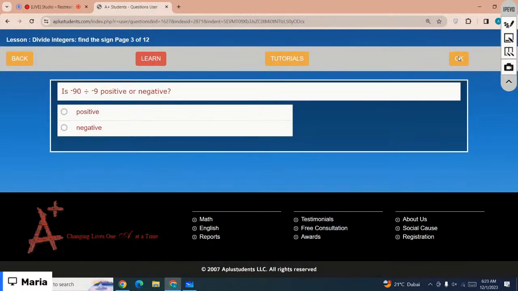Is negative 90 divided by negative 9 positive or negative? Yes, the correct option is positive because both the numbers have exactly the same sign, so the answer must be positive.